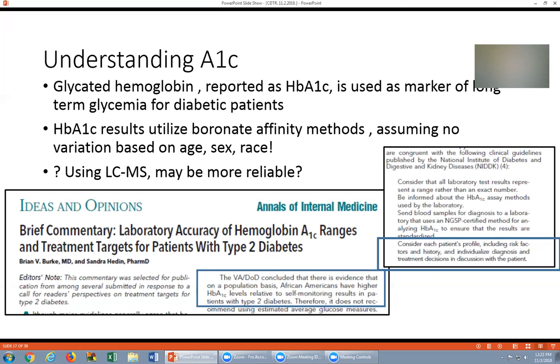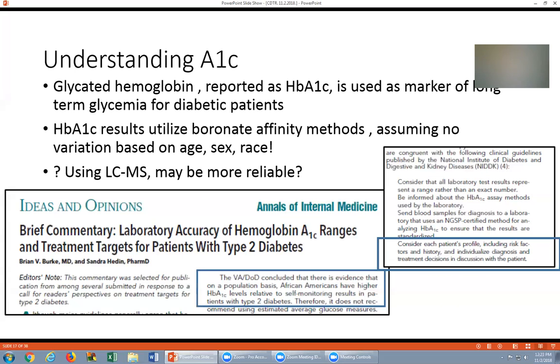And then we know that NIDDK already says that all the lab tests that are available represent a range rather than an exact number, and that you should be very sure what assays you're using and consider each patient. The thing is, what do they mean by that, consider each patient?